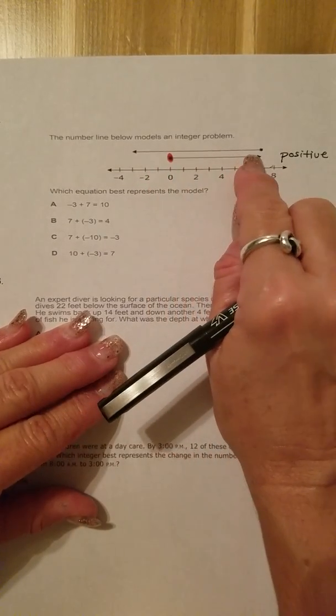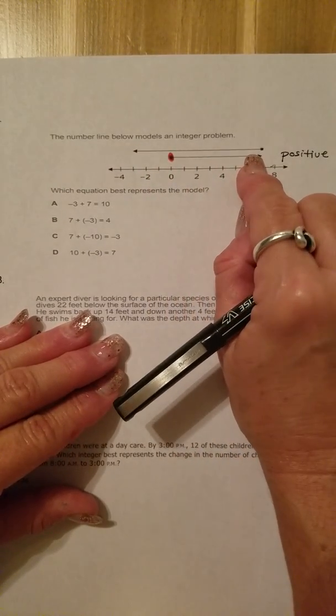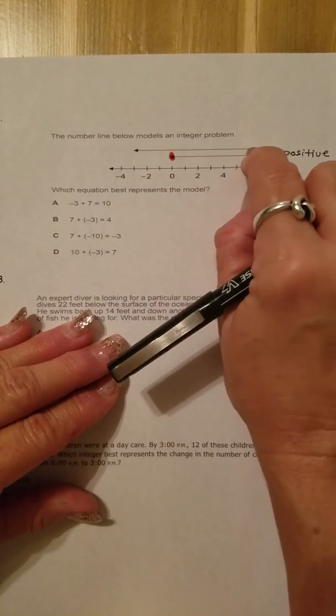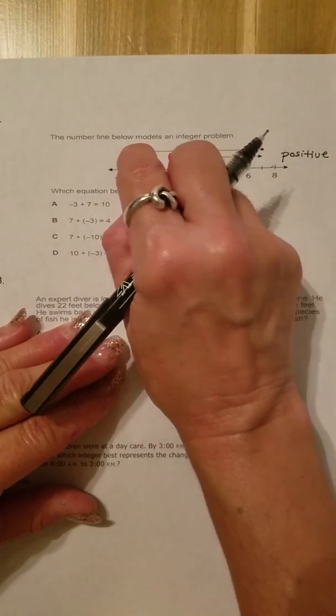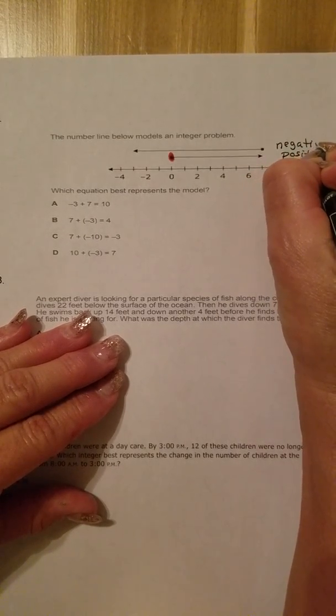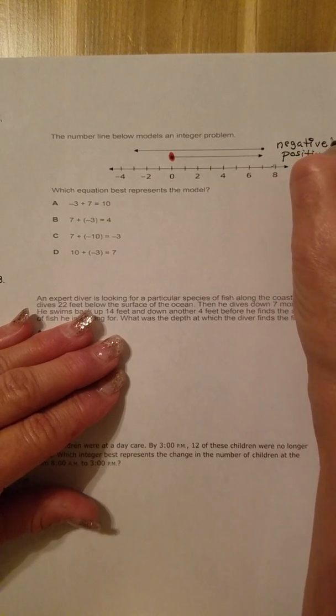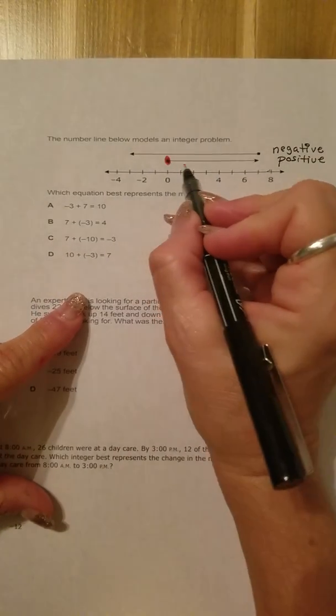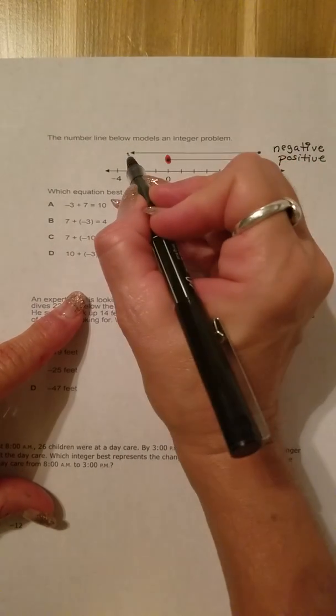Then I stop here and my second shift, so I'm doing something positive and then I'm taking away because I'm going to the left. So that means I'm going negative. I'm taking away, I'm subtracting, I'm minusing. Remember, negative, minus, subtract, take away, they're all the same. Okay? So I'm plus this, take away this.